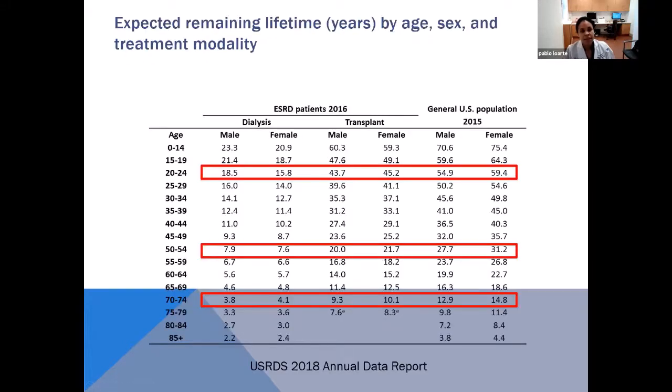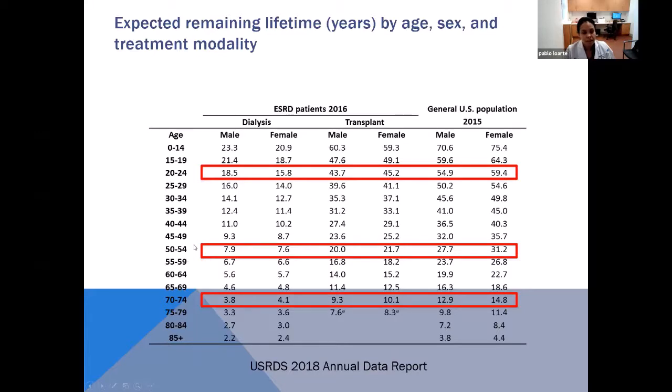And that benefit is true throughout all age ranges. If you look at young patients around 20 to 24 years old, they may be expected to live somewhere between 15, maybe 20 years on dialysis. But if they receive a renal transplant, they're expected to survive more than 40 years.